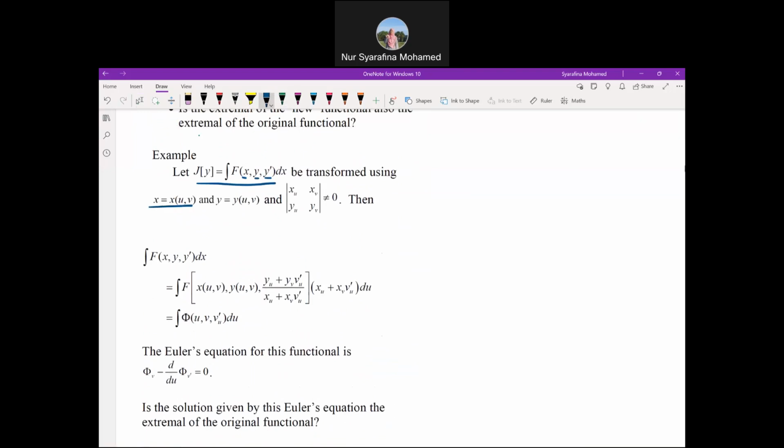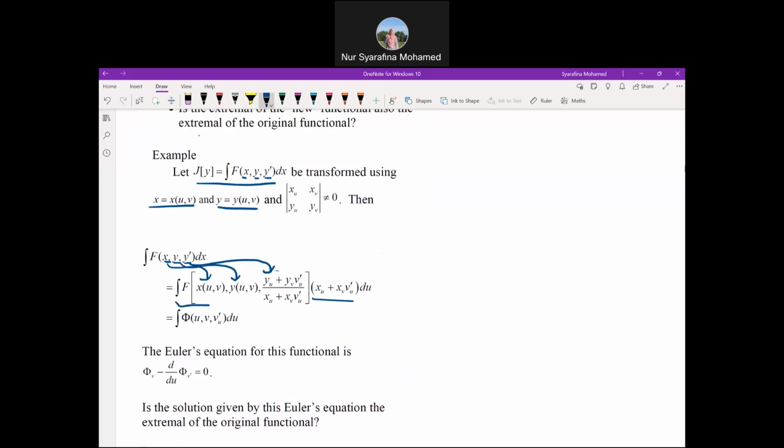Now, if x is in terms of u and v, and y is in terms of u and v, then in the functional of x, y, and y prime, x can be in terms of u and v, y can be in terms of u and v, and y prime is given by this, where this is the process of differentiation between x and y. Okay, then this is another product rule of the process of differentiation. So this is a general form, don't worry. After this, we're going to take a look at an example.